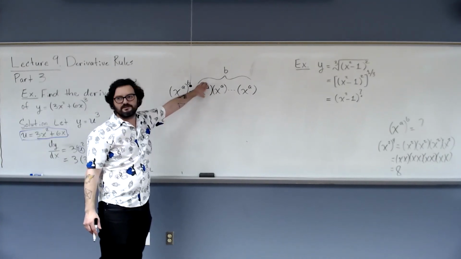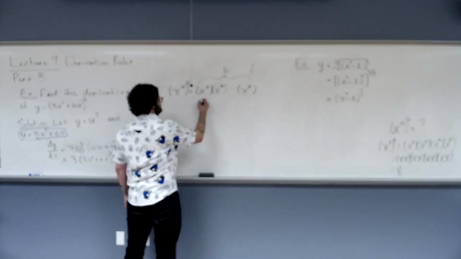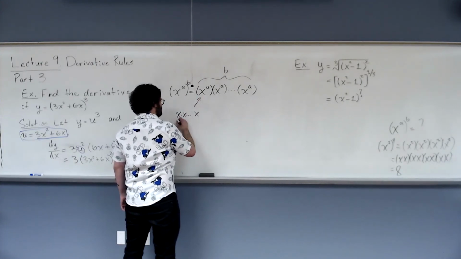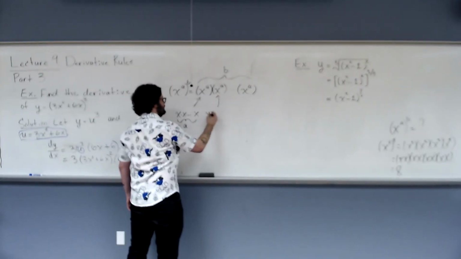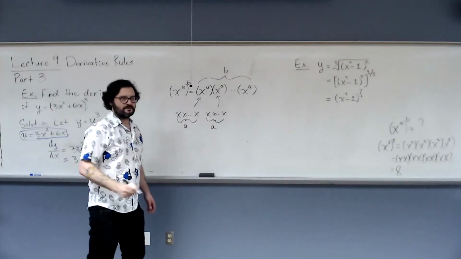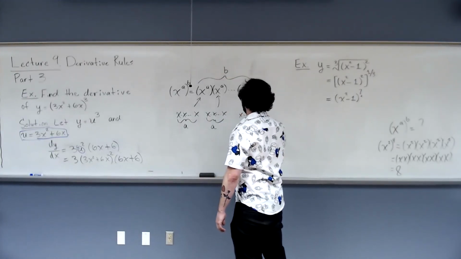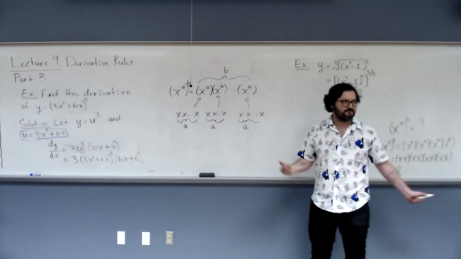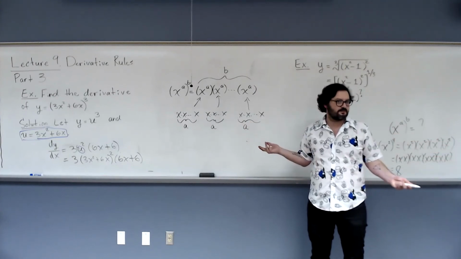In this parenthesis right here, there are a of them: x times x dot dot dot times x. The same thing for each of these. So let's count them. How many total x's are multiplying each other? That's what we're trying to figure out.